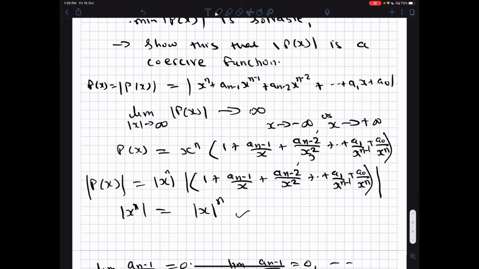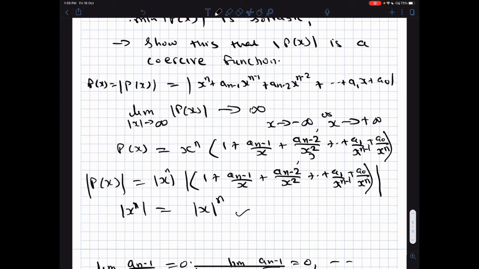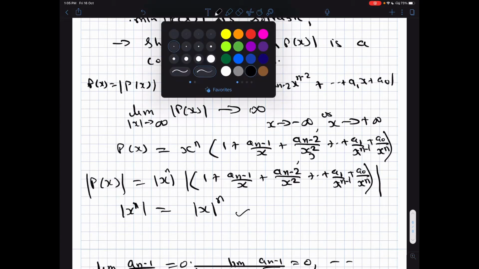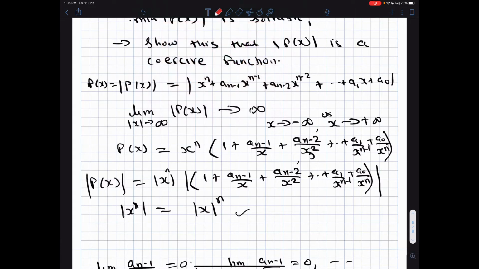Actually simple, right? Intuitively, what's going to happen is that the term x to the power n will dominate all other terms, because they all come with constant coefficients. So x to the power n, as x goes to infinity or minus infinity, will go to plus infinity or minus infinity, and it dominates everybody else.